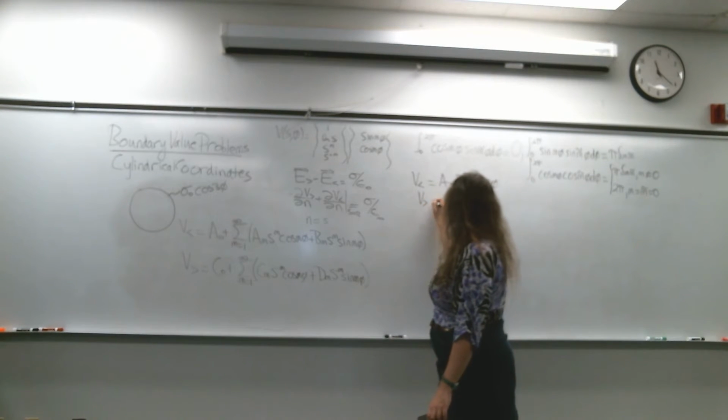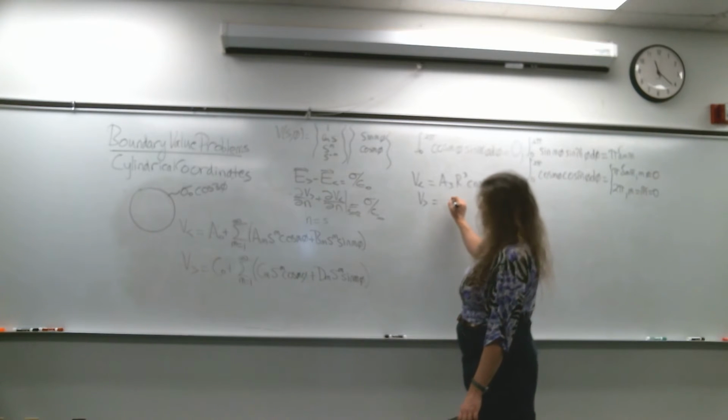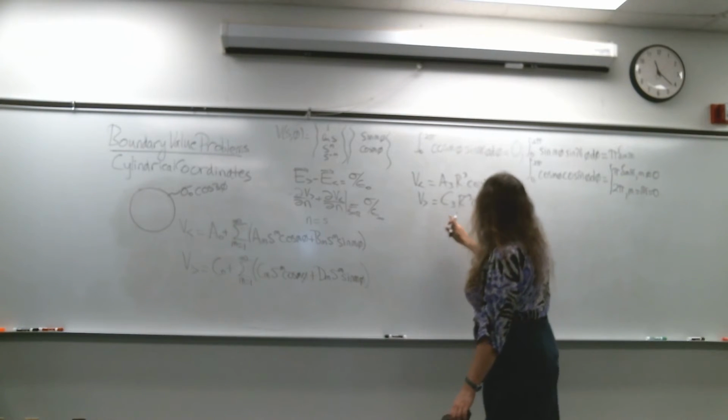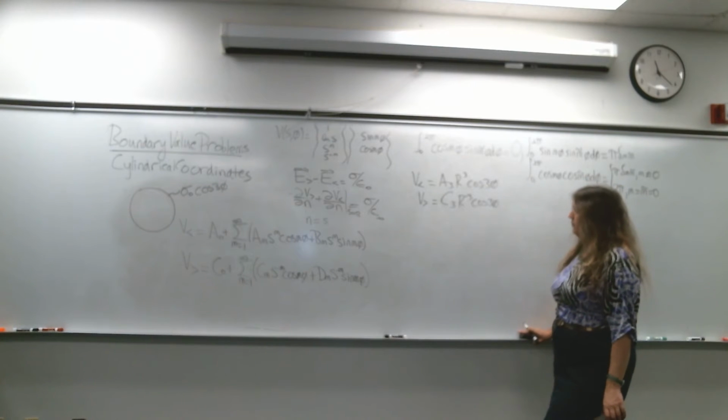Outside, our solution is going to have the form C3 r to the minus 3 cosine 3 phi.